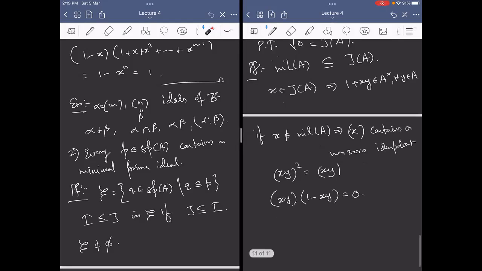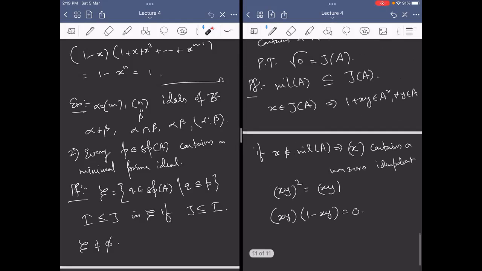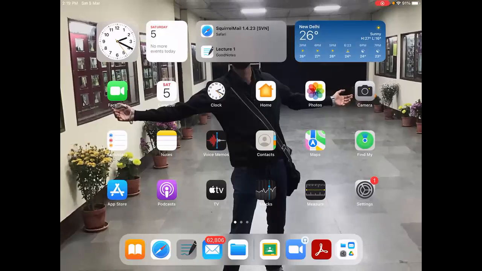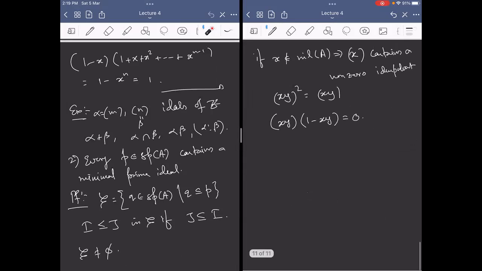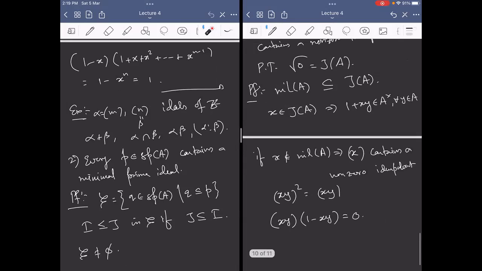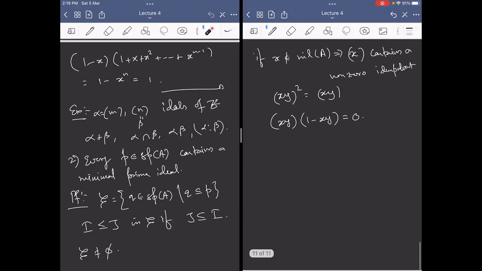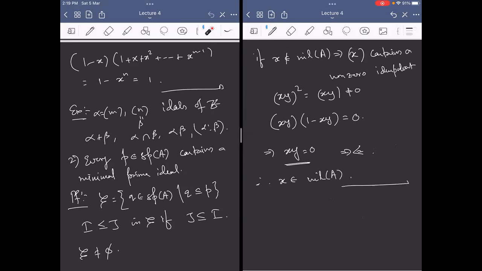You just take the whole thing to one side. Now, by the hypothesis, this 1 plus xy was a unit. Therefore, 1 minus xy is also a unit for every y, that was true. And that will imply that xy is 0. But xy was chosen to be a non-zero idempotent. So that is a contradiction. And therefore, x has to belong to the nil radical of A. And this completes the proof.